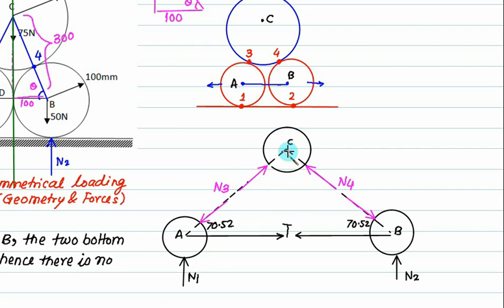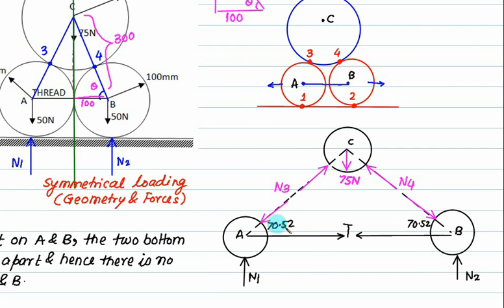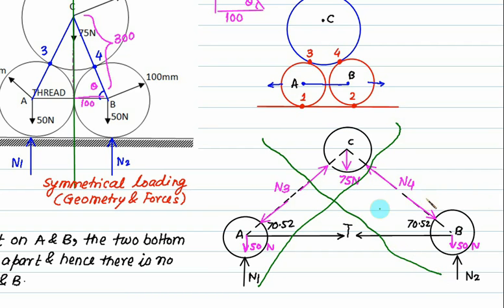And finally we have weights. Weight of this cylinder is 75 Newton, weight of this cylinder is 50 Newton and weight of this cylinder is 50 Newton. So we will solve this half or we can solve this half, either of these. Because we have a symmetrical loading, we will solve for C first, then A, or we'll solve for C first and then for B.